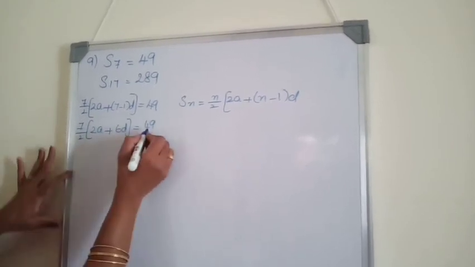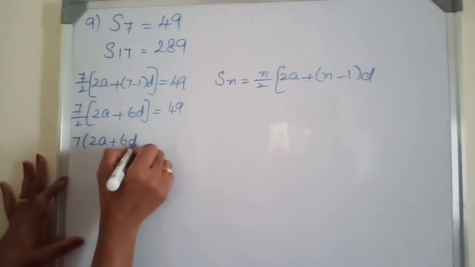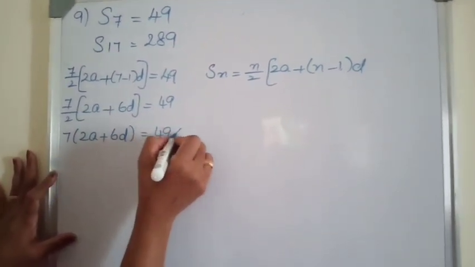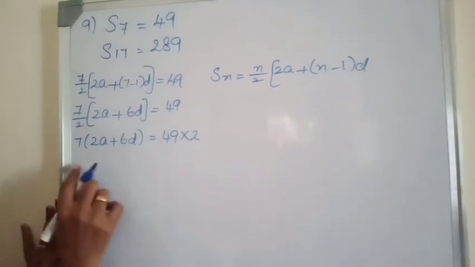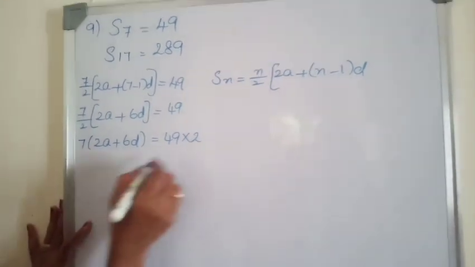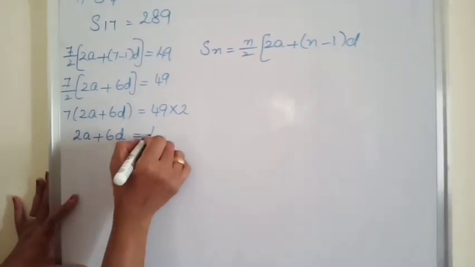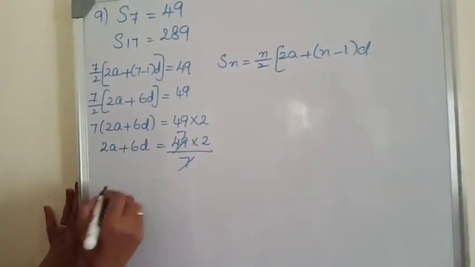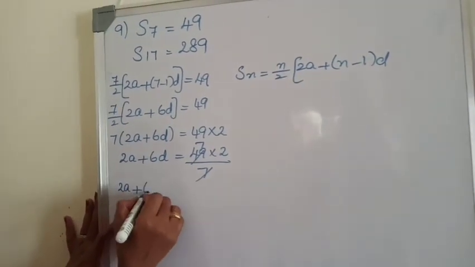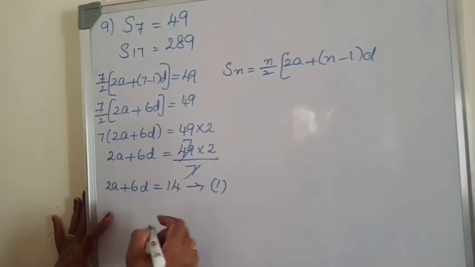This 2 we will cross multiply. 7 into 2a plus 6d is equal to 49 into 2. This 7 either we can multiply inside the bracket or we can divide. We will divide it. 2a plus 6d is equal to 49 into 2 by 7. 7 cancel. 2a plus 6d is equal to 14. This is our equation 1.